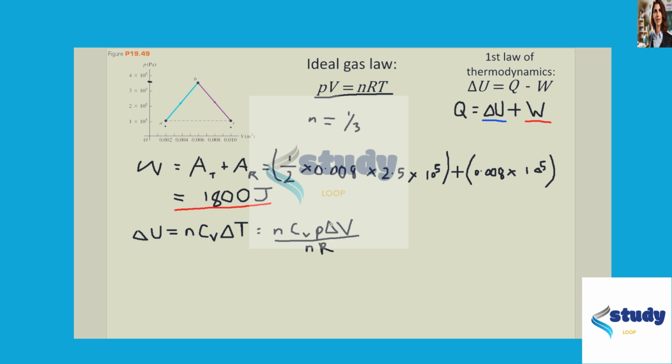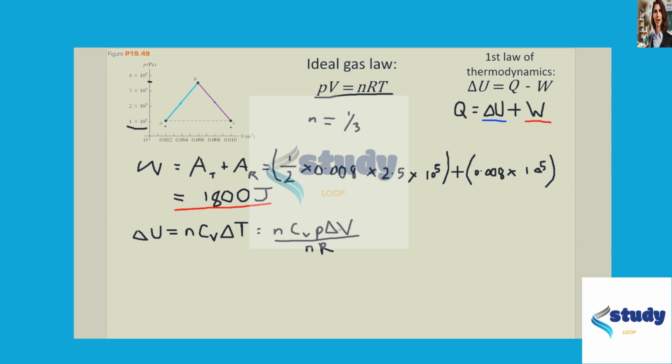Now, the reason that we have a delta V here is because between states A and C, which I've marked here, delta V changes, as you can see by this V axis, and the pressure is just constant because it stays at this value of 1 times 10 to the 5.